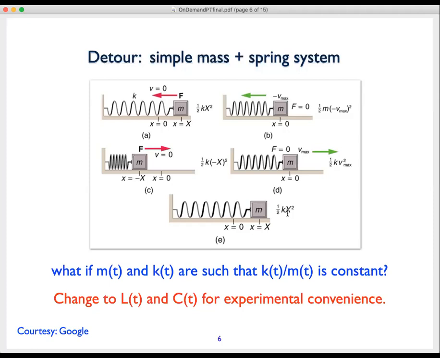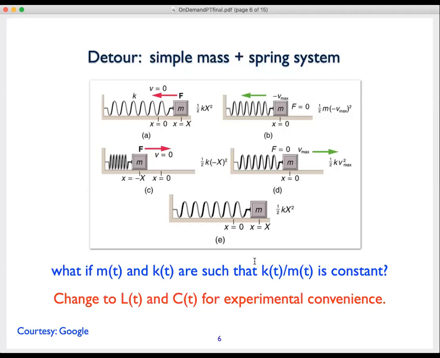What would happen to the system if I change the mass and the spring constant such that the ratio, which is the frequency of these oscillators, remains the same? Okay. So I'm changing M and K such that the frequency is going to be constant. And I want to answer that question in a somewhat complicated language, and then tell you how that leads to gain and loss.